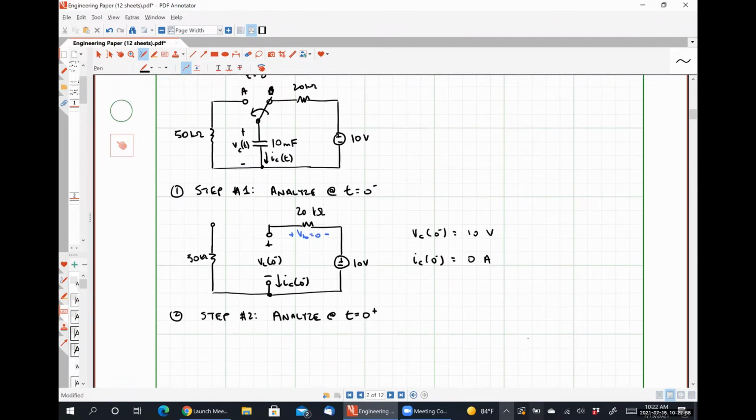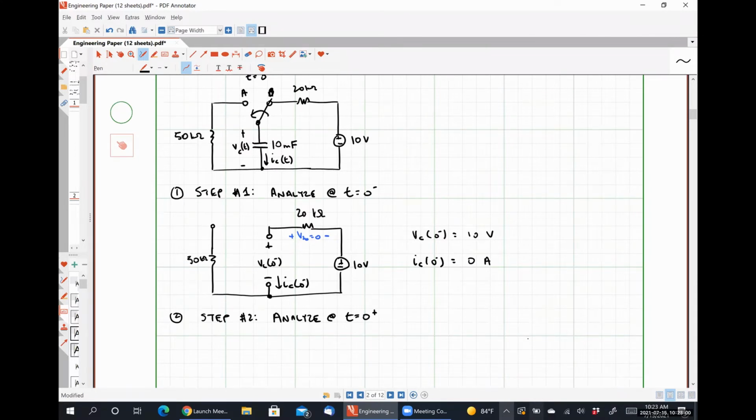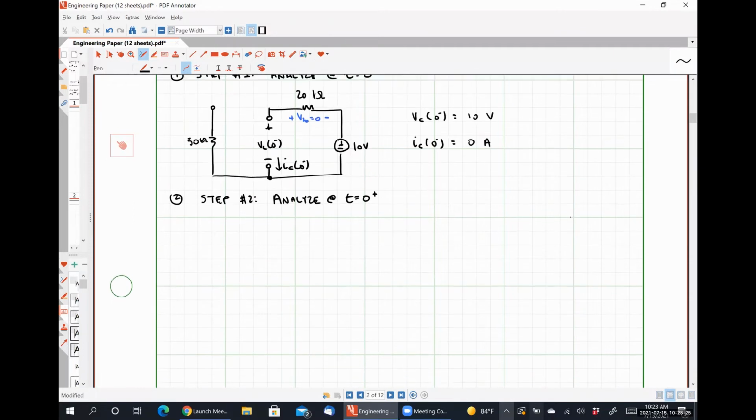At t equal to 0 plus, our switch is moving from being closed at position B to being closed at position A. What that means is that our 10 millifarad capacitor is now connected to our 50 kilo ohm resistor, and that 20 kilo ohm resistor is effectively being open circuited, so it's no longer connected to the capacitor at all.